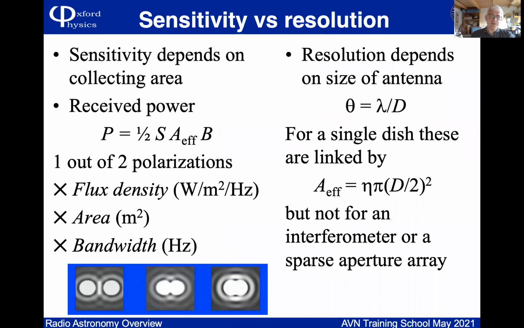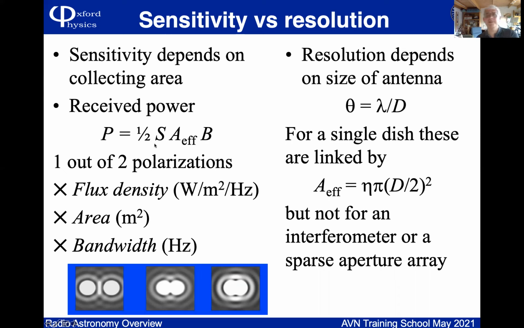And so the two first fundamental things that you think about with any kind of telescope are its sensitivity and resolution. Now, sensitivity depends on collecting area. The amount of power that you can receive is just proportional to the brightness, or rather the flux density, of the thing that you're looking at.